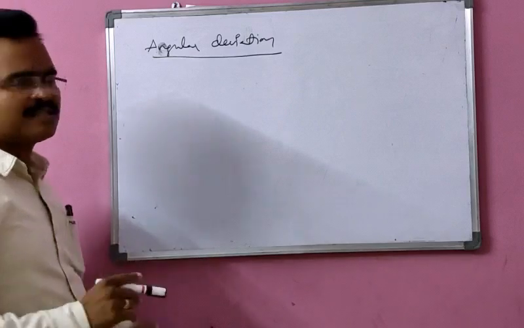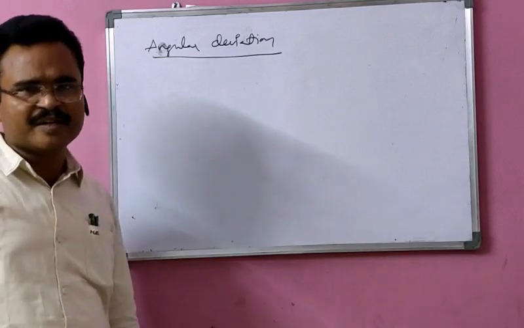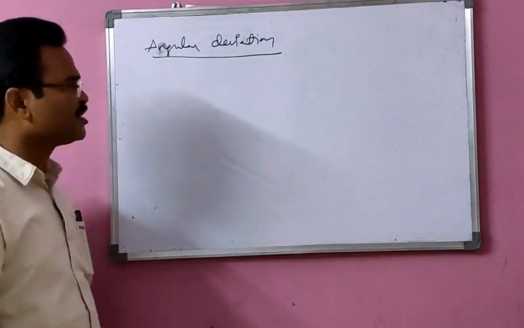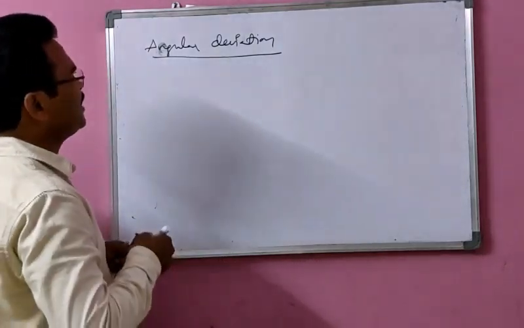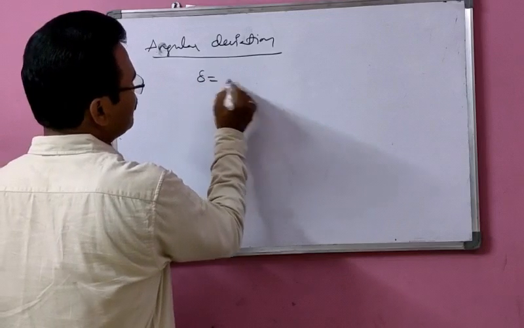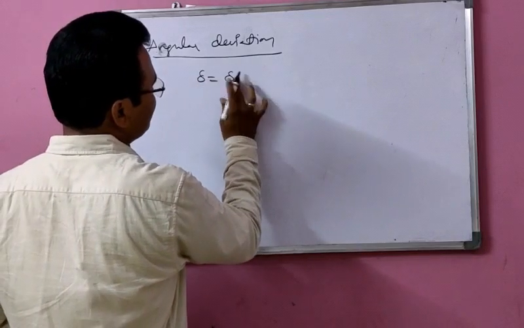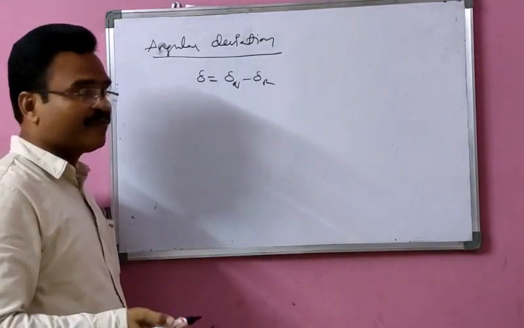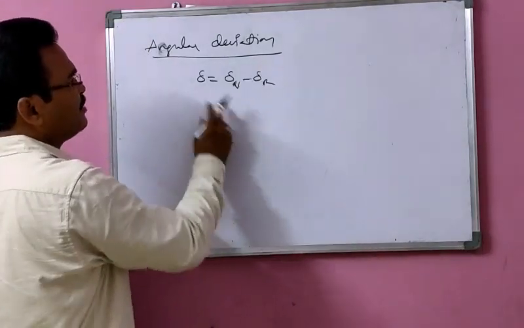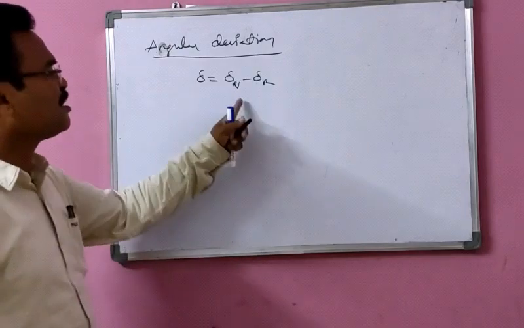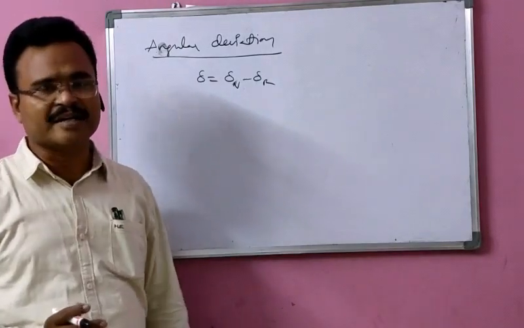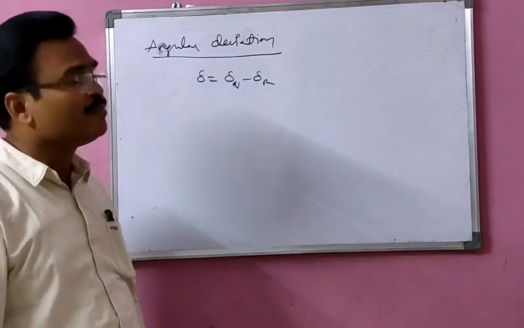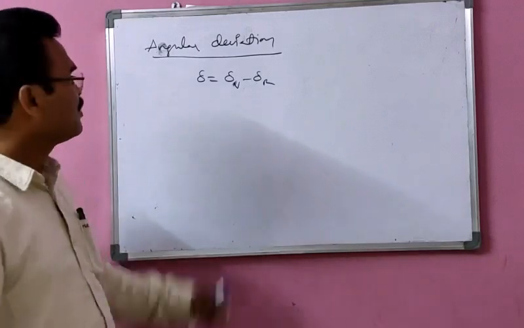It is simply defined as the difference between deviations of two colors. Angular deviation delta equals delta violet minus delta red, because violet has more deviation than red. So here I am representing it with delta. Earlier I represented it with D, but it doesn't matter. Both hold good.